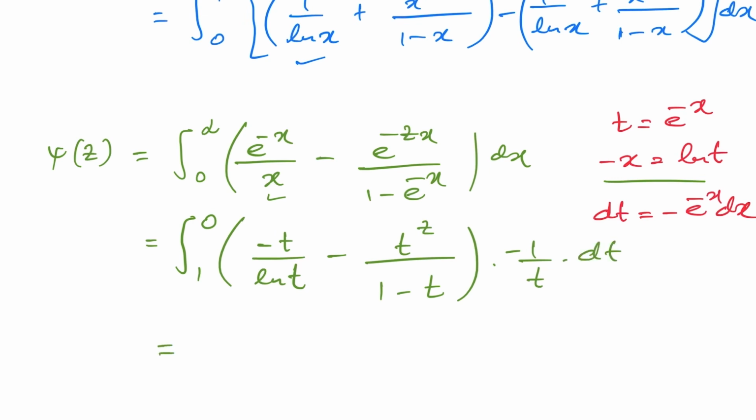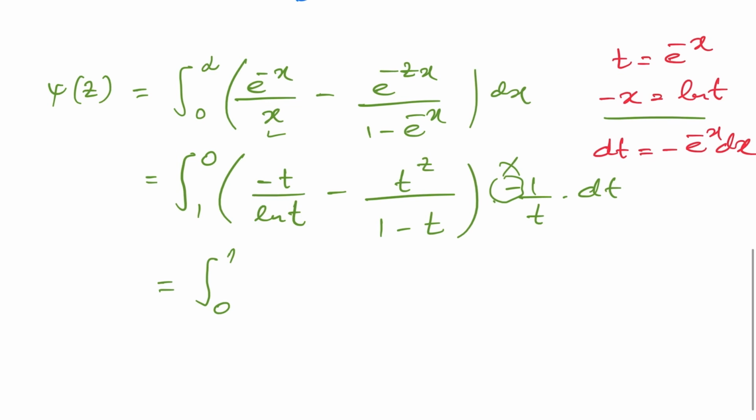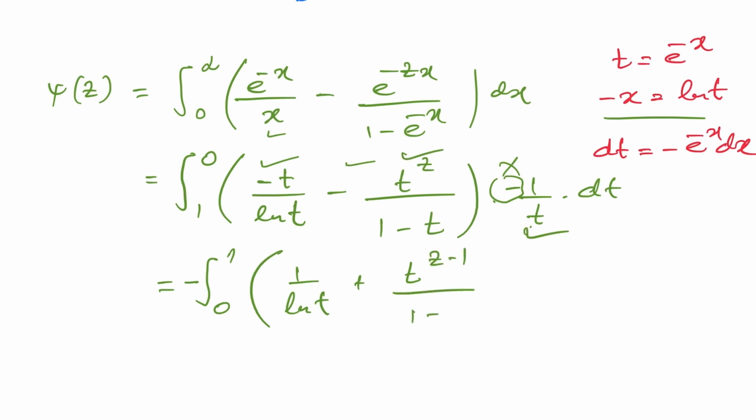Then there is a minus sign, so we can change the upper and lower boundaries, and this minus sign gets cancelled. Also, I take the minus sign as a common factor. Now this t and this t get cancelled, so 1 over natural log of t plus t to the c minus 1 over 1 minus t, dt.